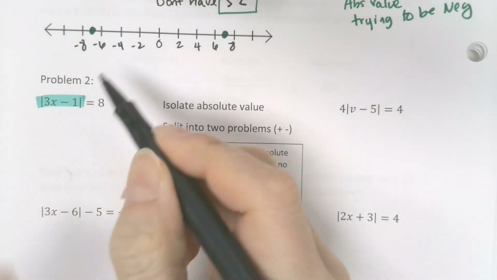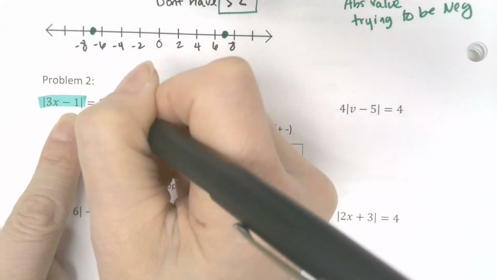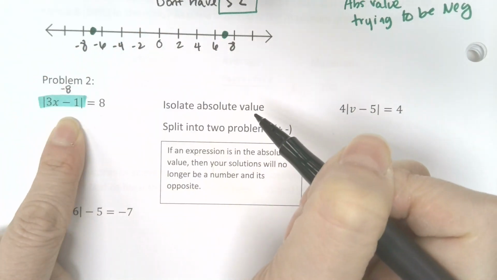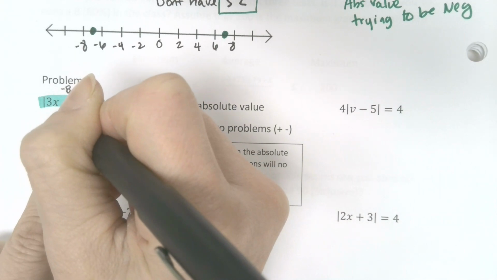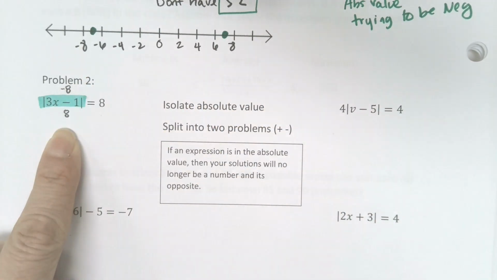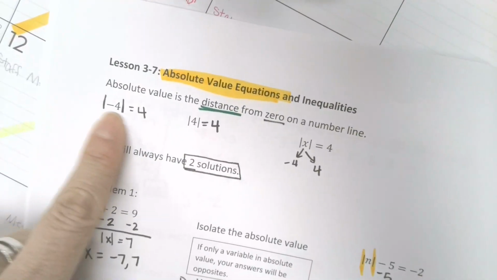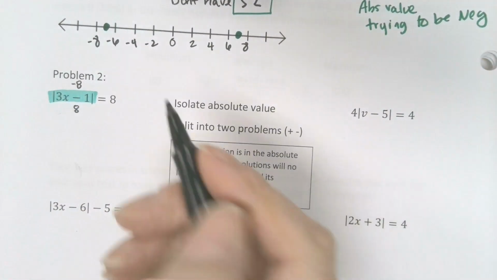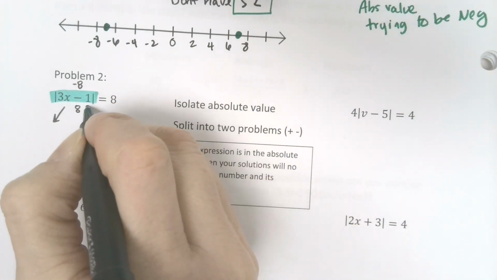I have to assume that what's inside of here resulted in 8, so it might have really equaled -8 in there, or it might have really equaled 8. I don't know which. Like -4 and 4 both gave 4. I don't know whether this expression equals -8 or 8.